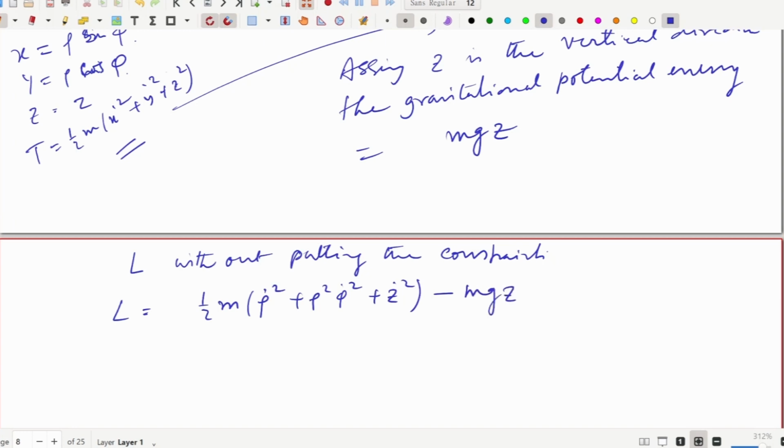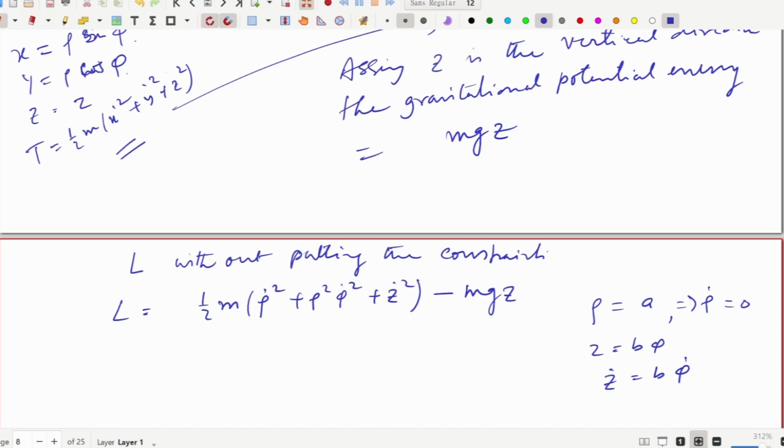Now the constraint rho equal to a implies rho dot equal to 0, and z equal to b phi, so z dot will be b phi dot. So these are the constraints.